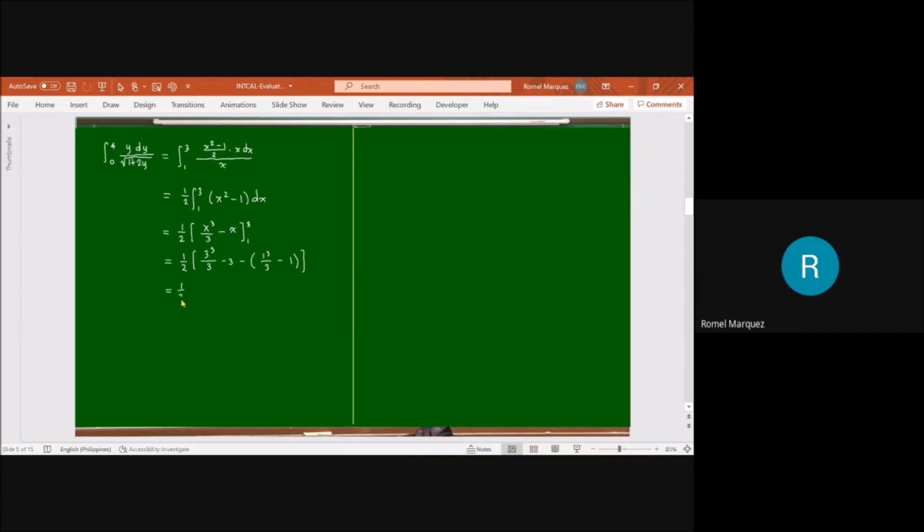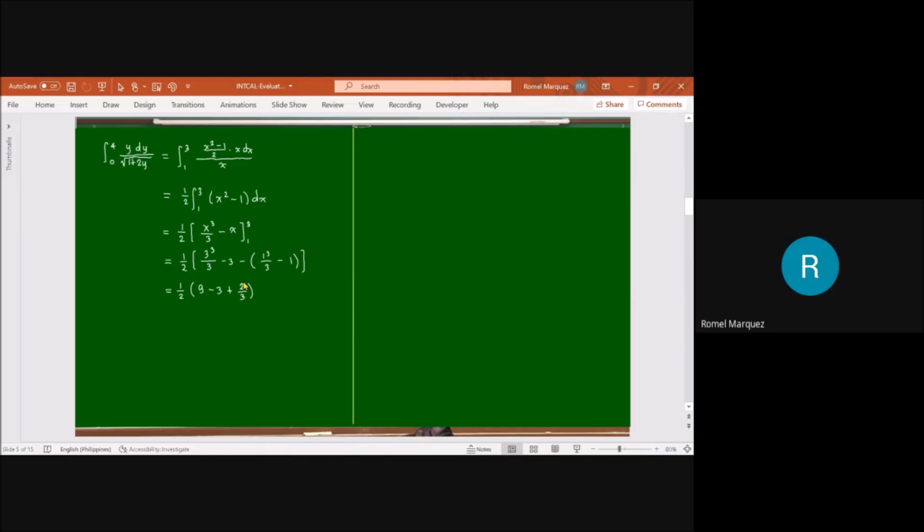Or simplifying, we have what? This is 9, no? Minus 3, then minus, this is 1/3 minus 1. That is negative 2/3. So positive 2/3 now. Am I correct, guys? Let's find the value.